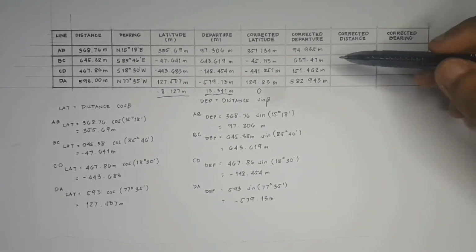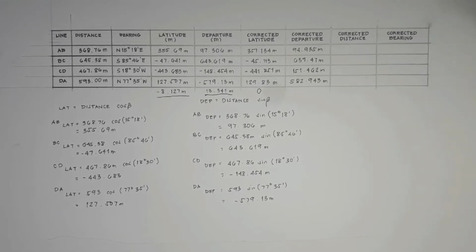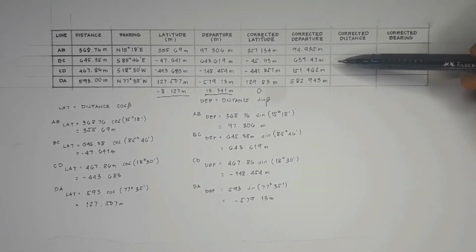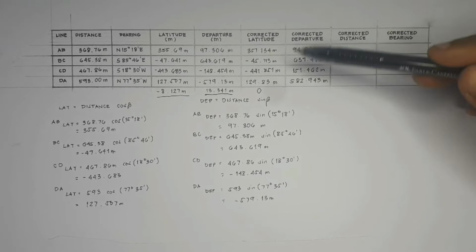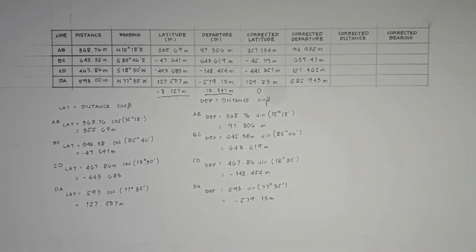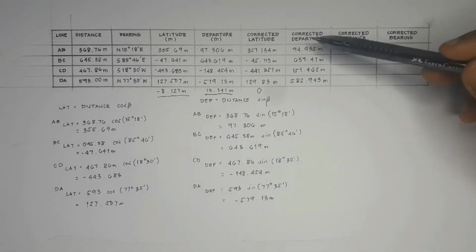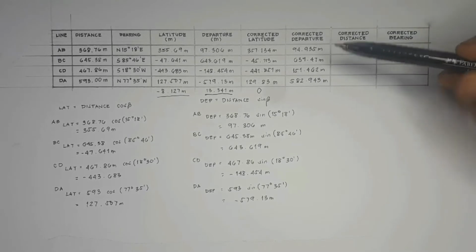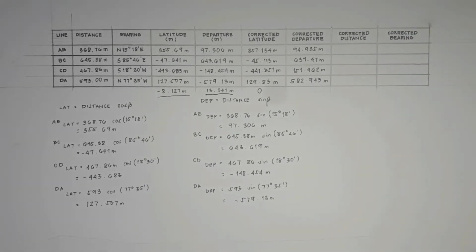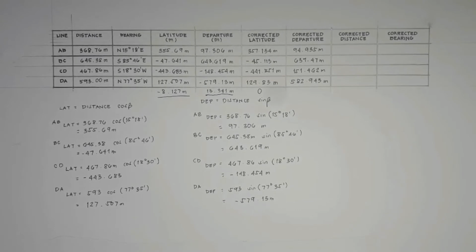Now, if you want to check if this computation of departure is correct, you just have to add all of these values, and this should be equal to 0. Let's try to check.